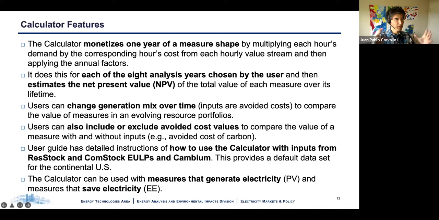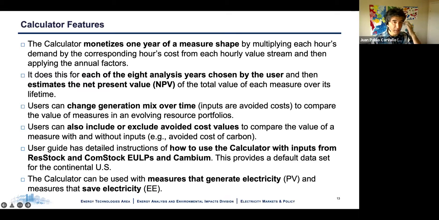As I was mentioning, in terms of the main features, the calculator monetizes 1 year of measure shapes by doing this basic multiplication of each hour's demand by the corresponding hour's costs, on an hour-by-hour basis. And it does this for these 8 analysis years that are chosen by the user. One key feature of having these 8 different years is that users can choose to reflect changes of the generation mix over time.